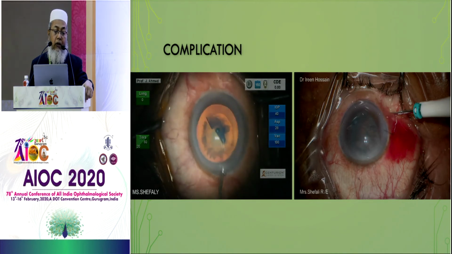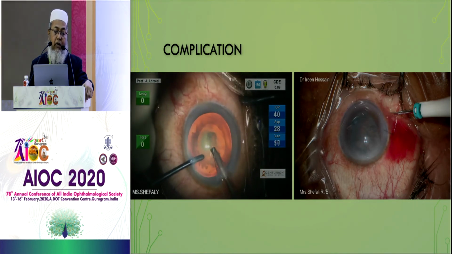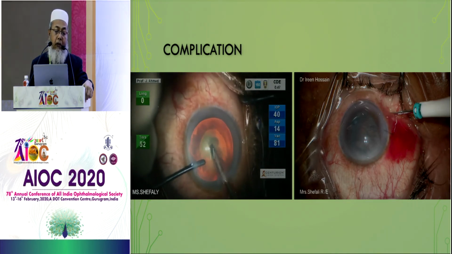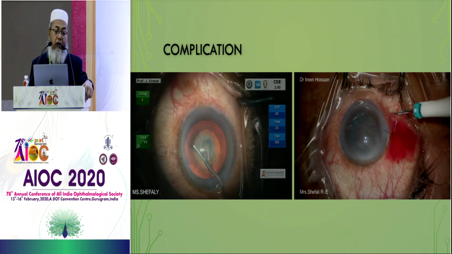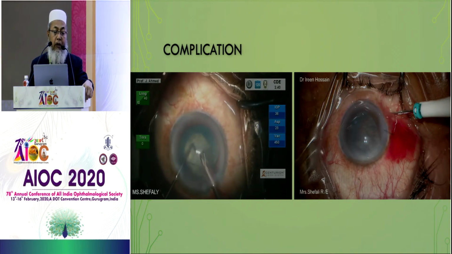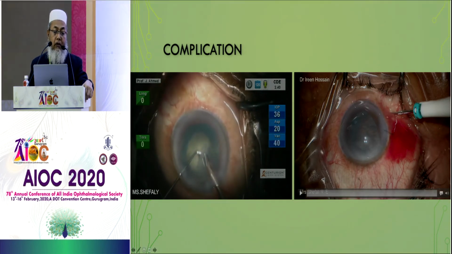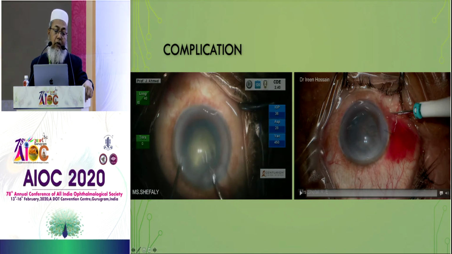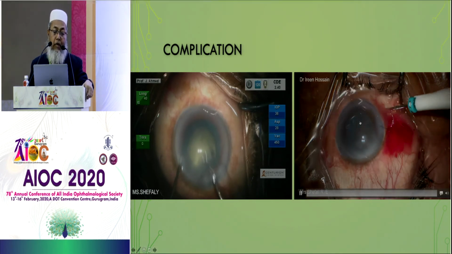The nucleus after sculpting is done. After sculpting, on attempting hydrodelineation, some fluid may go behind, and you can see that the nucleus starts sinking down, and at that time the surgeon stops any maneuver.